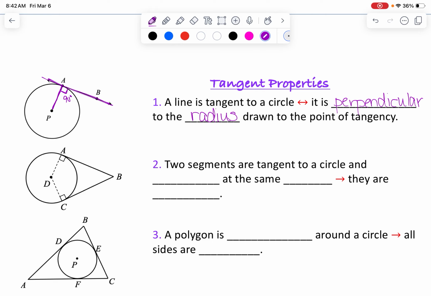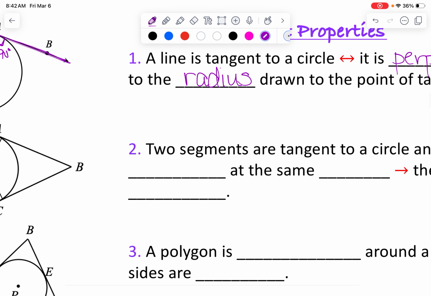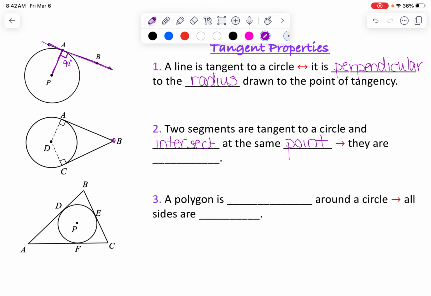Okay, so then there's two more also that we want to talk about as well. And this one says, if two segments are tangent to a circle and they intersect at the same point outside the circle, which in this case would be B right here, then they are congruent.